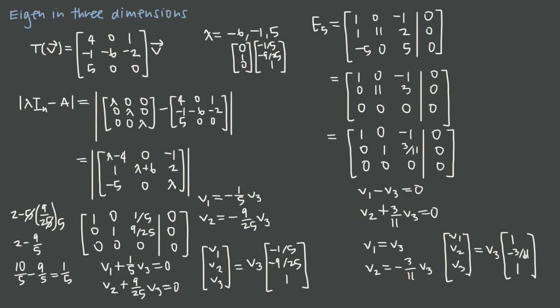And so the span of this vector represents the eigenspace for lambda equals 5. So we can collect this one up here. We'll get 1, negative 3/11, and 1.